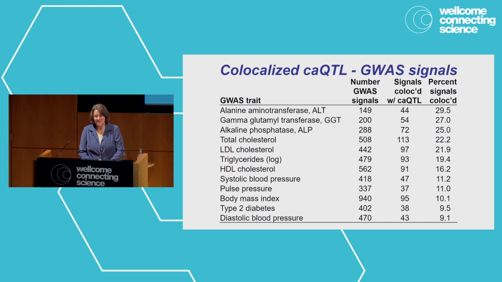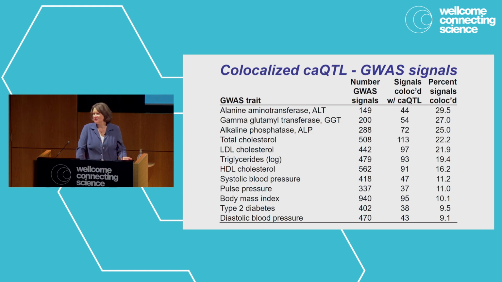So here we show the number of GWAS signals that were close enough to a chromatin accessible region to test for colocalization, and then the number in the middle that showed colocalization between the chromatin accessibility and the GWAS trait, and then the percentage of those signals that are colocalized.